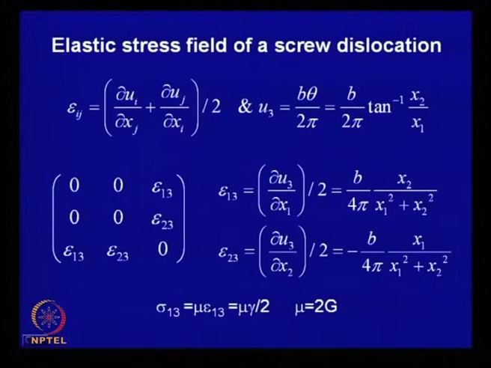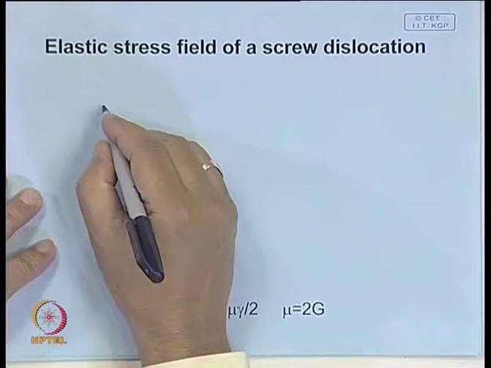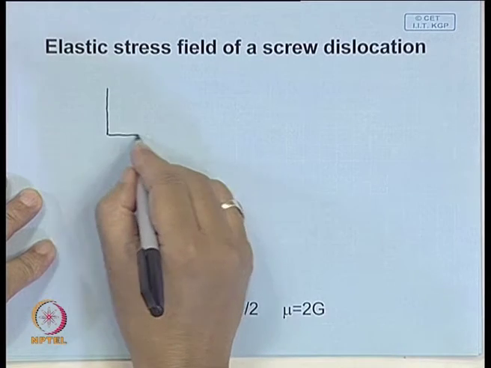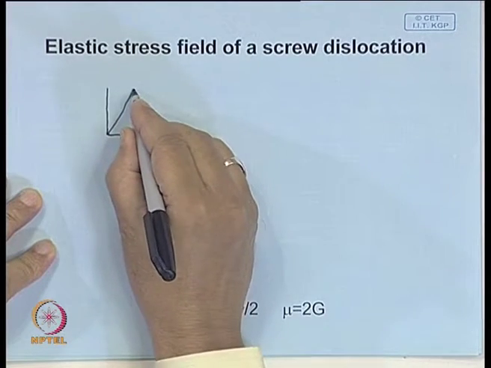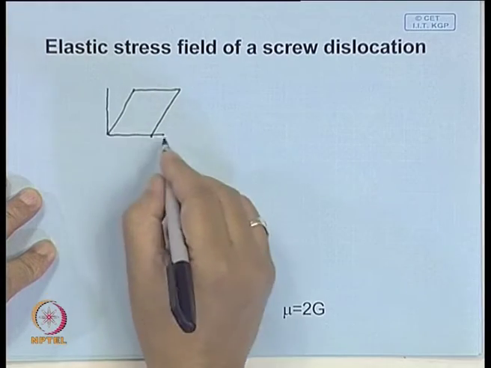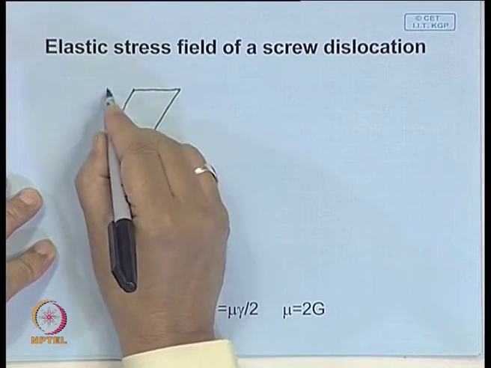So, one, we have seen that this is pure shear, and this is simple shear, the process of slip.